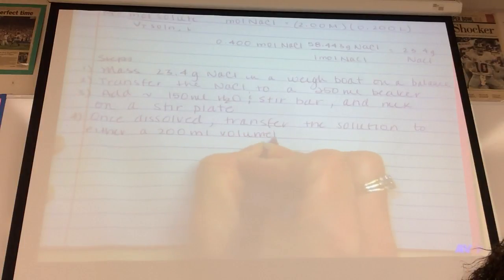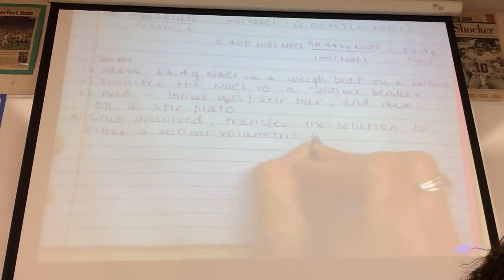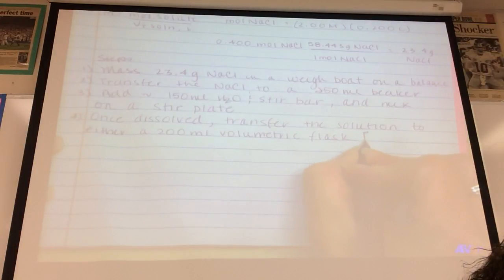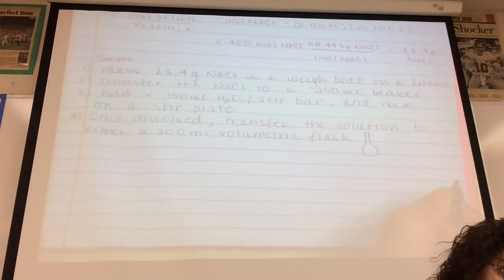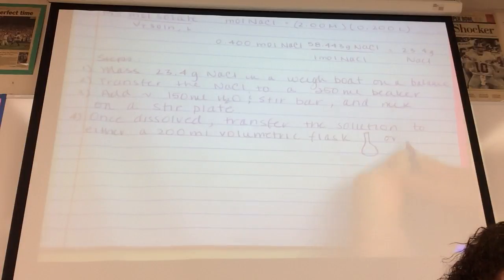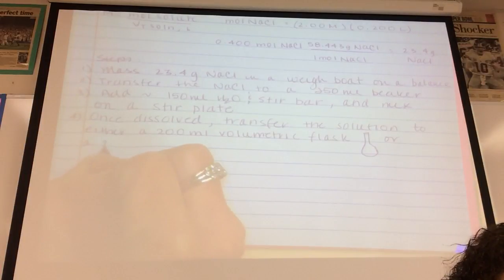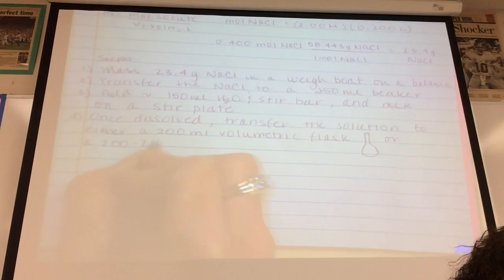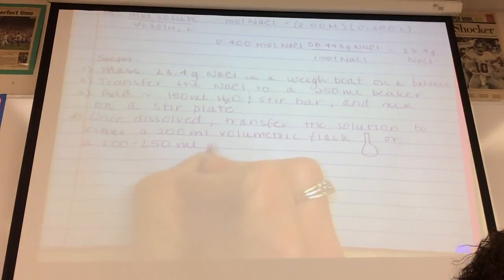I'll show you what that looks like. Here's a crude drawing where you've got a long neck and then a round bottom there. Or a 200 to 250 mL graduated cylinder.